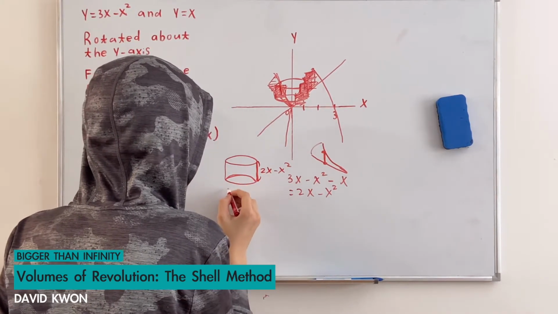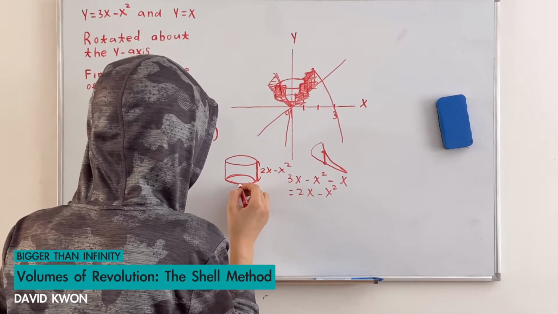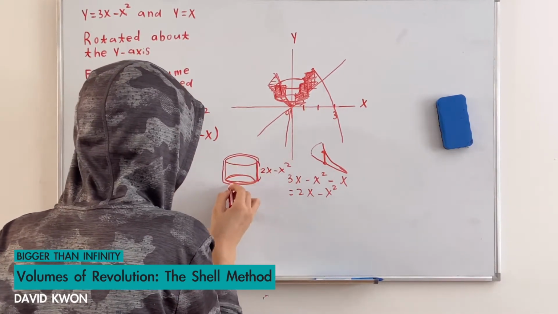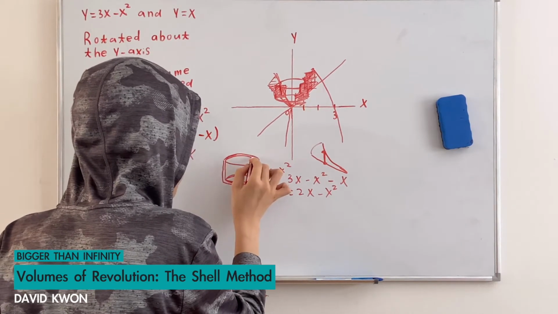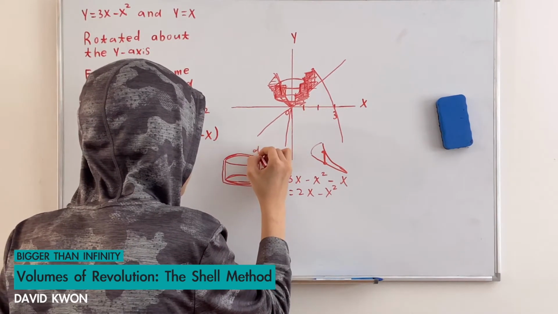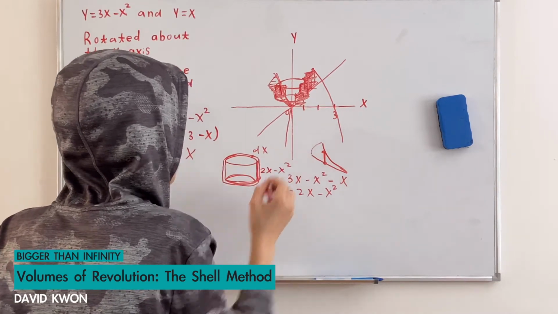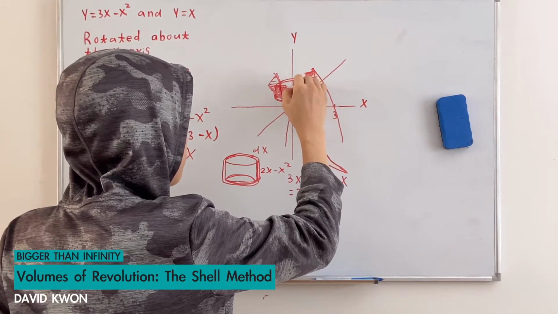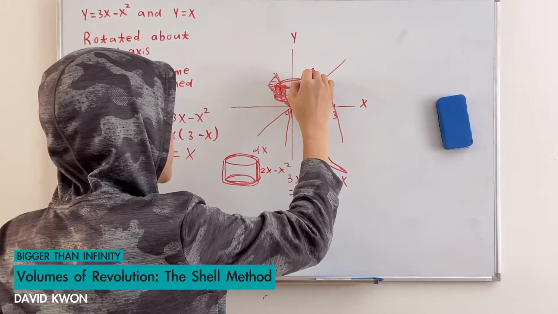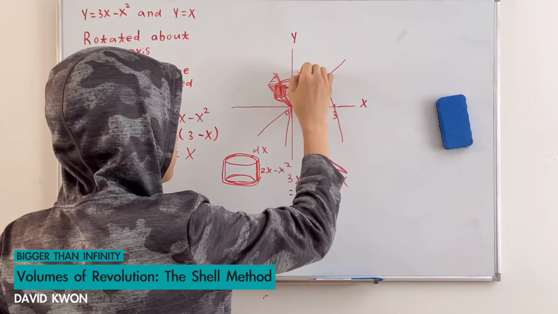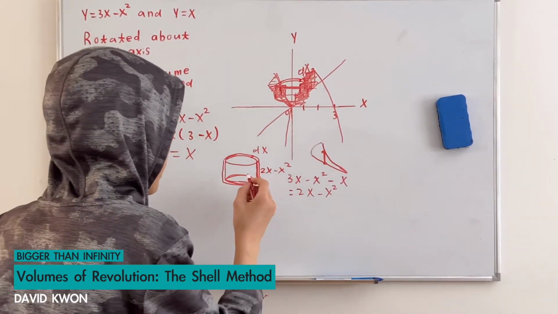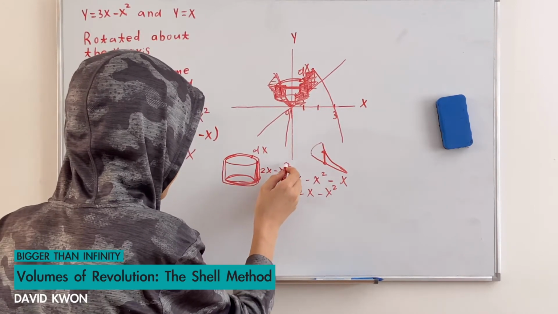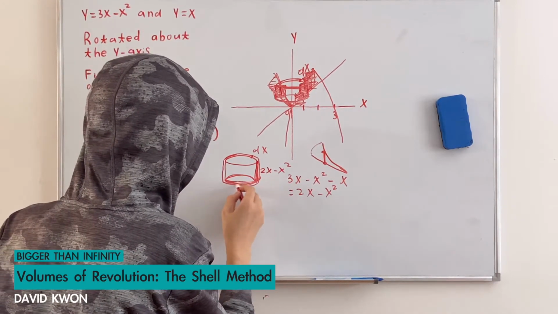And this tiny thickness is dx, because when we try to find the volume, this length is dx. So now we have this length as dx, and this length as 2x minus x squared. Now all we have to do is find this length.